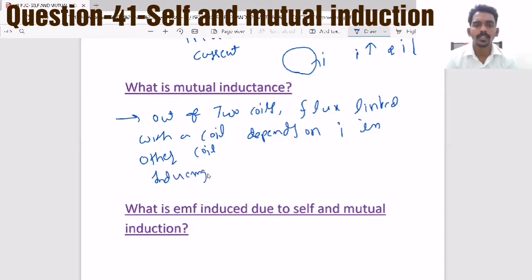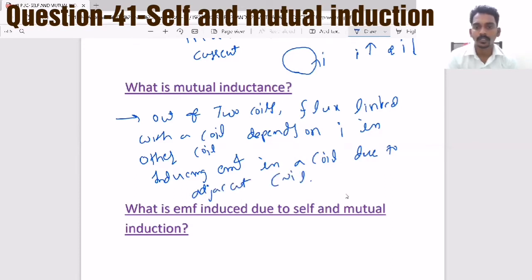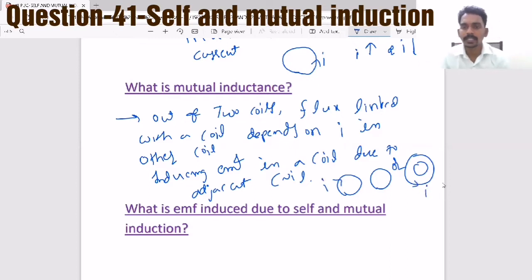So inducing EMF in a coil due to an adjacent coil. Just like here, one coil is inside the other one. Where there is a current in one coil, then there is a magnetic flux linked with the other coil.